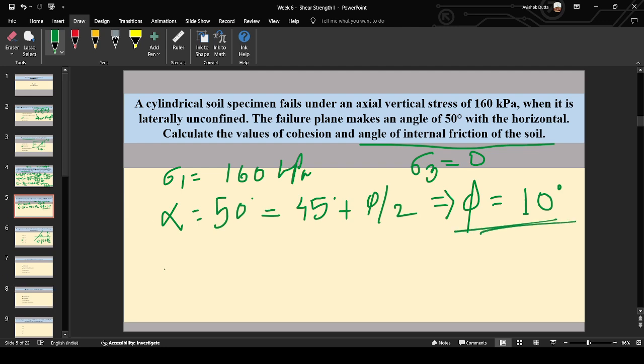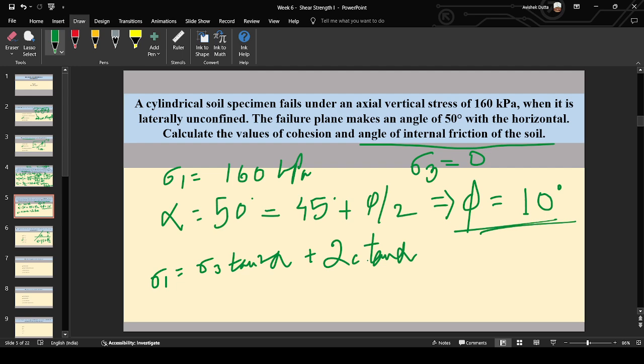Now the general equation for this test is sigma 1 equals sigma 3 tan square alpha plus 2c tan alpha. In this case, we have an angle of internal friction.